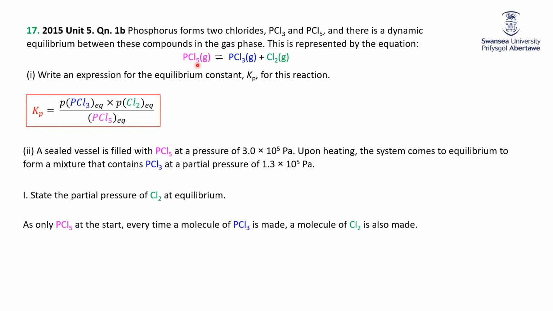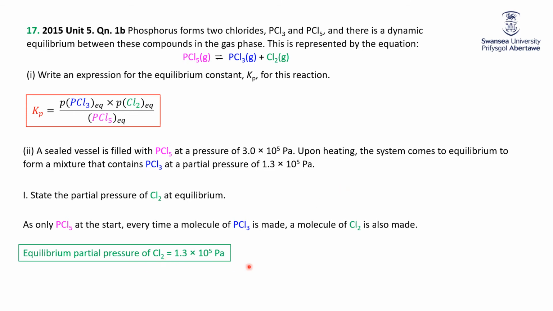So every bit of reaction makes a PCl3 and a Cl2. In other words, the pressure of Cl2 is the same as the pressure of PCl3. You think nice and easy, but it's a very important concept: every time one of these reacts, you make one of those and one of those.